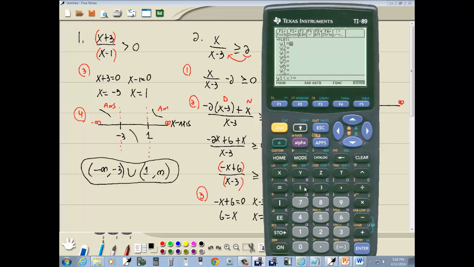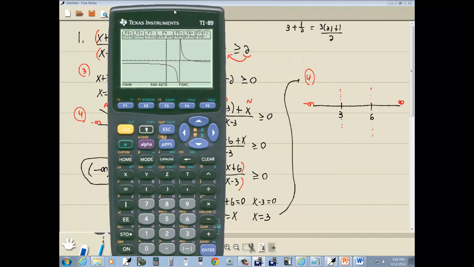Then I'll put a beginning parentheses, negative x plus 6, closing parentheses, divided by, beginning parentheses, x minus 3, and then closing parentheses, and then enter. And now I want a graph, so do diamond F3. And that's going to be our graph.